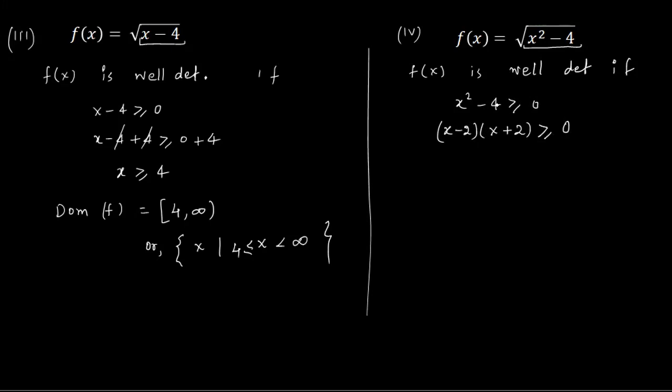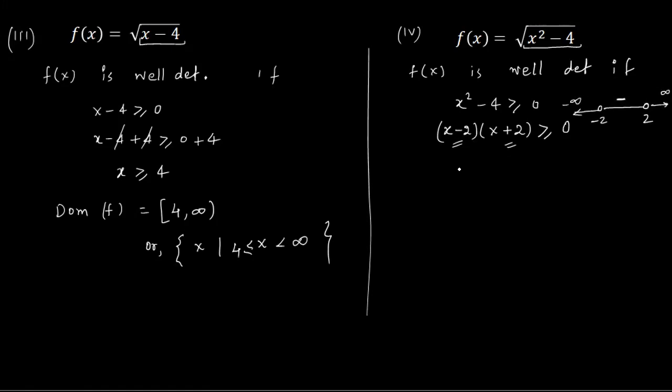Please note, if we put x equal to 3 in this equation, then this term is positive, this term is also positive. And if we put anything which lies between negative 2 and 2, for example, let us put x equal to 0, then we get a negative number. So basically, any number which is more than 2 or less than negative 2 is the solution of this inequality.